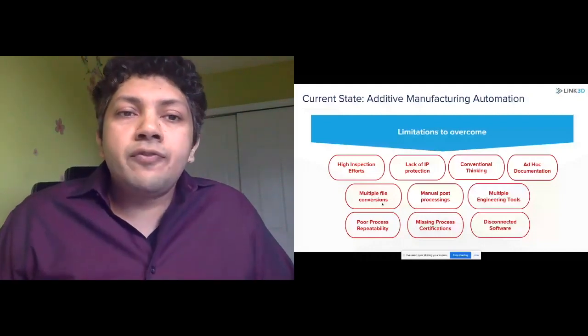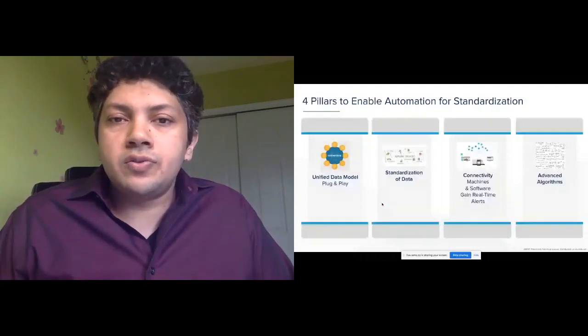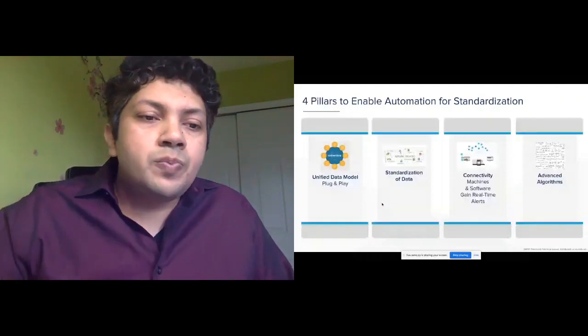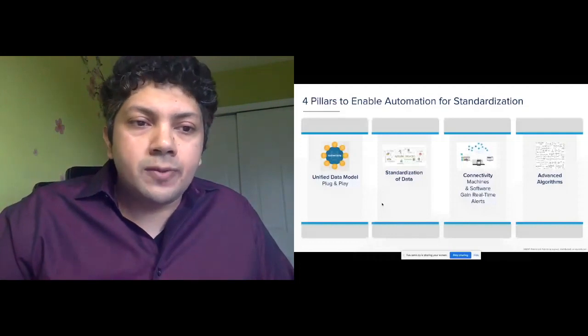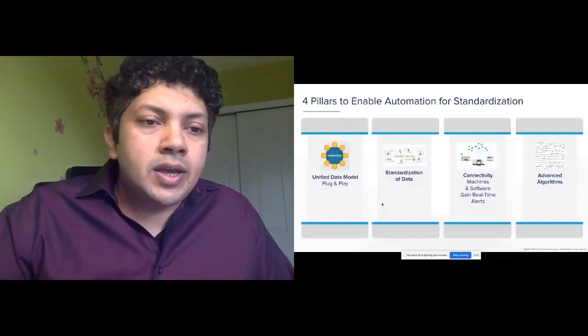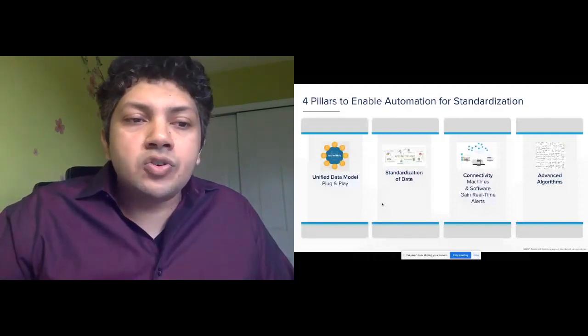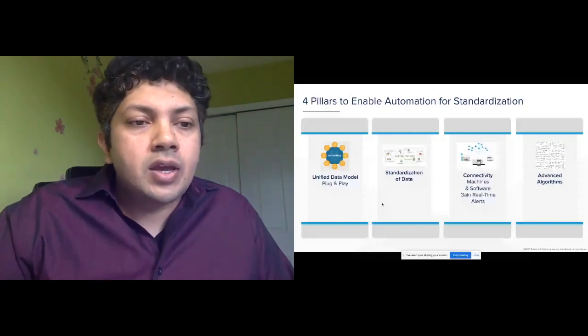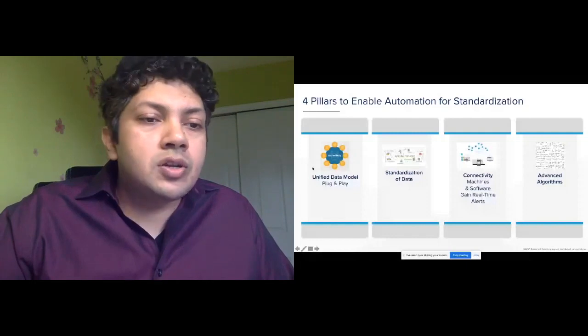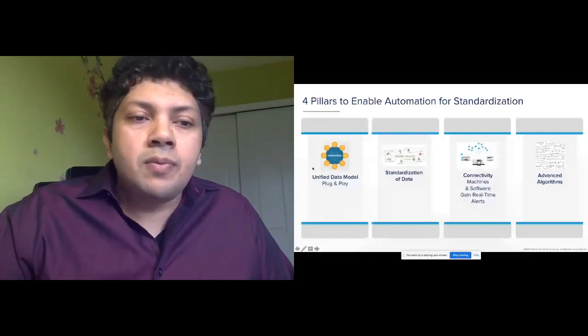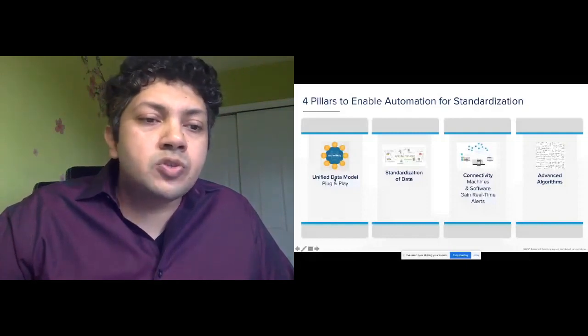We believe that there are 4 pillars to enable automation for standardization. The first pillar is a unified data model. As we know, in additive manufacturing, from design to delivery, there are different subsystems through which the part is traveling: build preparation, CAD design stage, manufacturing stage, post-processing stage.